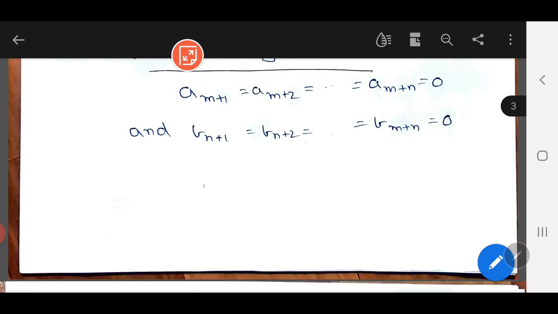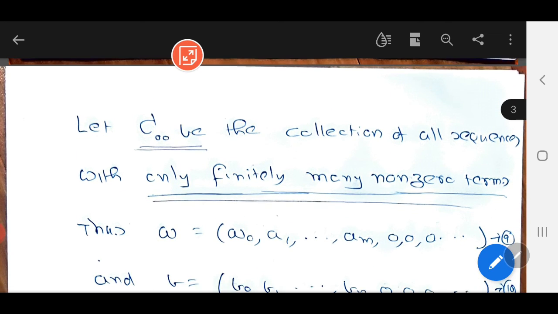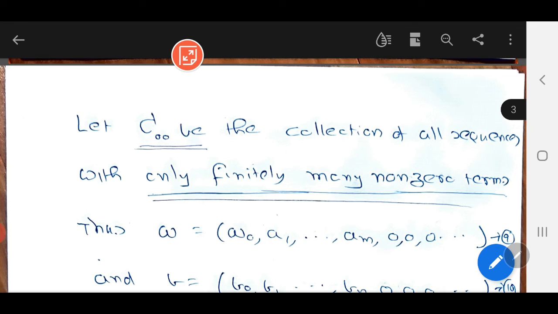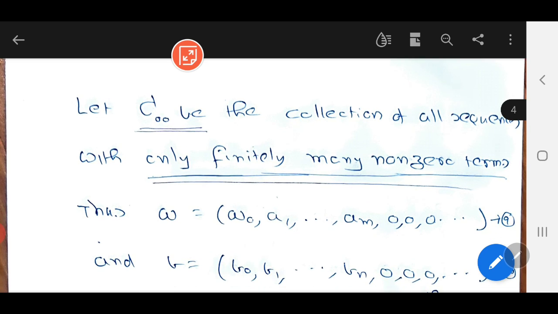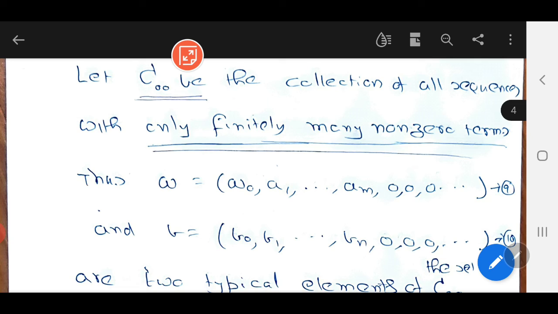Now we are ready to talk about a collection of sequences, that is, C00, the collection of sequences with only finitely many non-zero terms. I am in fact referring to f1 and f2.